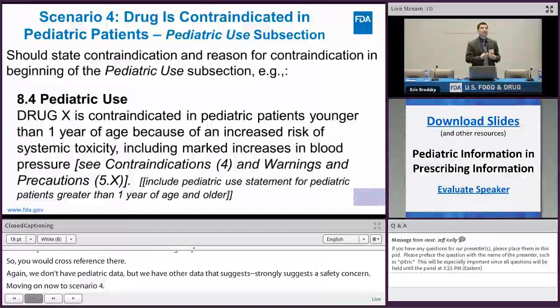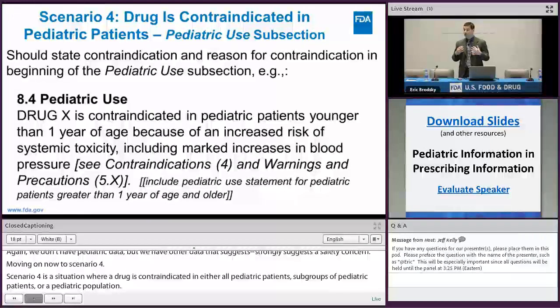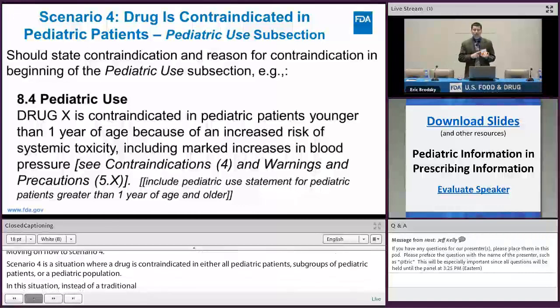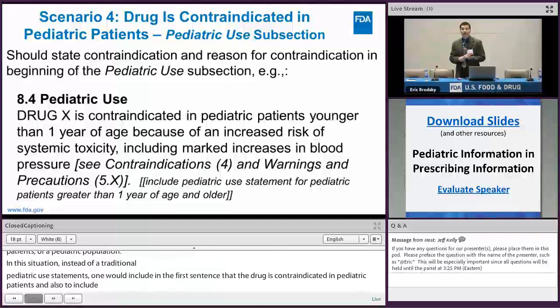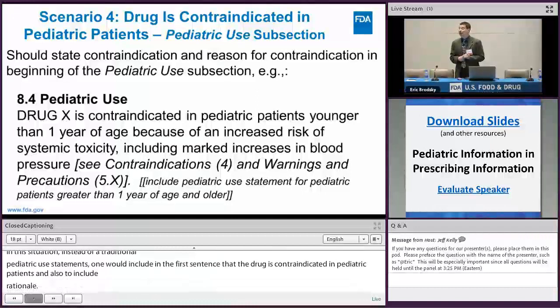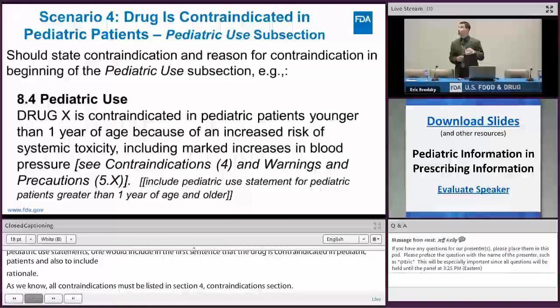And in this situation, instead of a traditional pediatric use statement, one would include in the first sentence that the drug is contraindicated in pediatric patients, and also include the rationale. As we know, all contraindications must be listed in section 4, the contraindications section.